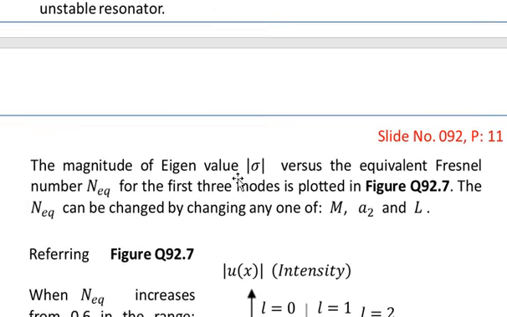The magnitude of the eigenvalue |sigma| versus the equivalent Fresnel number N_eq for the first three modes is plotted in figure number 7.